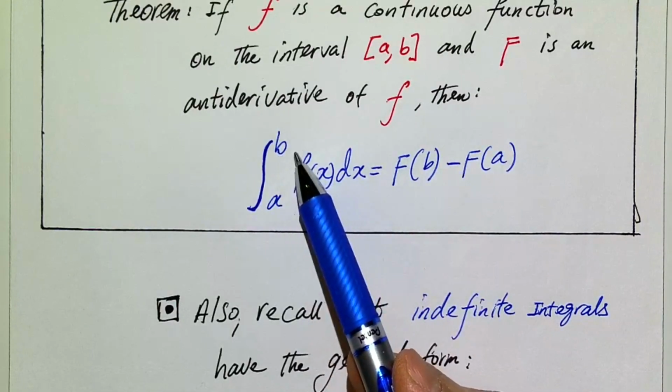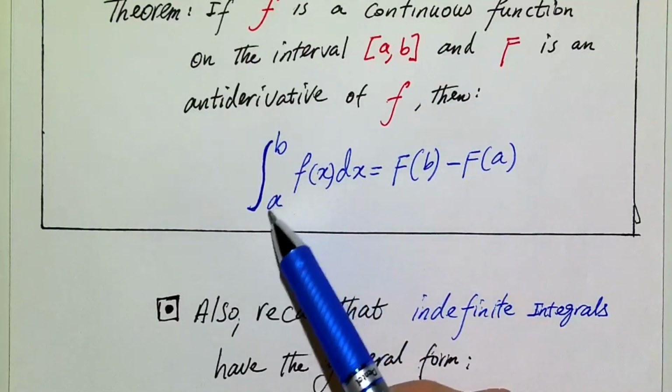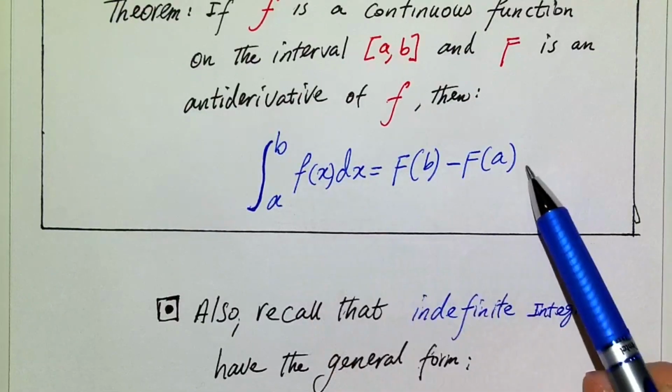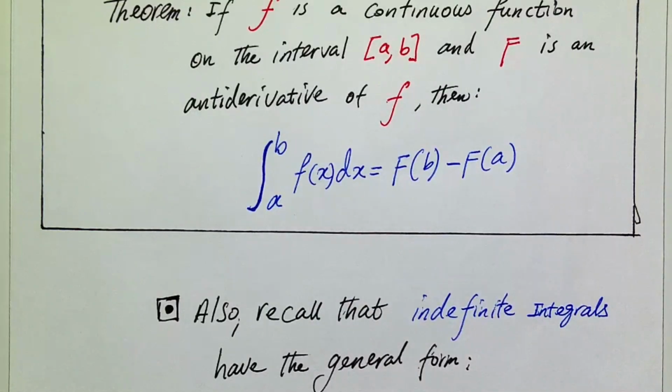Whatever value we get, we subtract the value of the antiderivative evaluated at the lower limit, and we get a single number. As we said before in the previous section, this value could be either positive or negative.